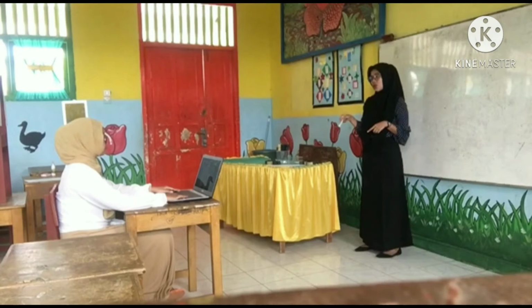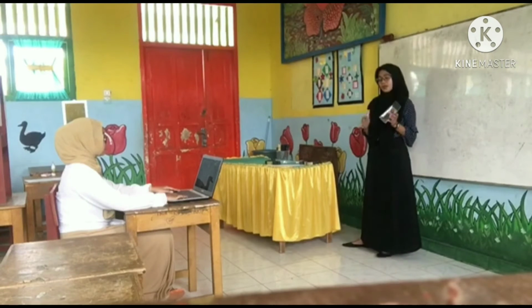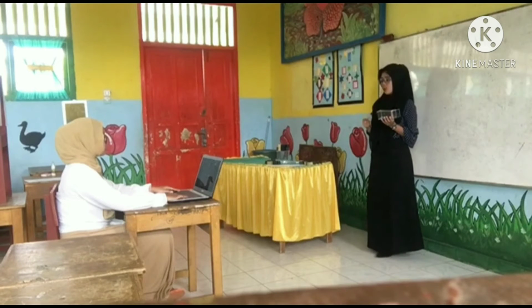Today, we are going to discuss the volume of a cuboid. So, according to the definition of volume, the volume of the cuboid is the content of this cuboid itself. Before we determine the volume of the cuboid, we must know the properties or characteristics of the cuboid. Why is that?